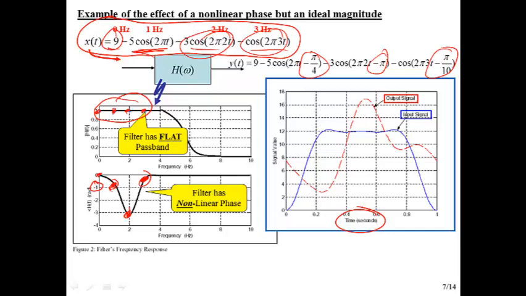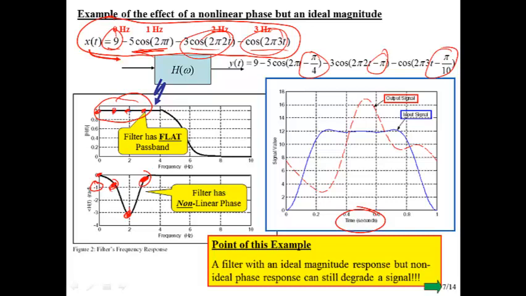Now, if your digital communication system is looking for a nice rectangular-like or trapezoidal-like pulse, which is what they do, guess what? The red one isn't really looking at all like that. So this simply illustrates that in many applications, the non-ideal phase response can still degrade a signal, even though the magnitude response is perfect.